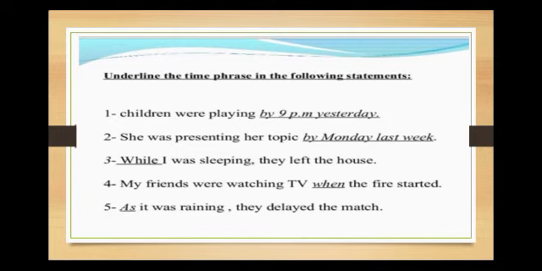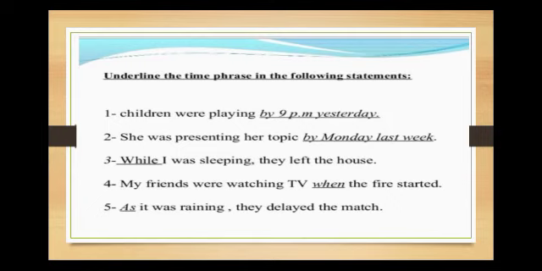If it is not clear to you, then look at these examples. These time phrases have been underlined so that you can understand them. The children were playing by 9 p.m. yesterday. So what were the children doing by 9 p.m. yesterday? What were they doing at that particular time? They were playing.